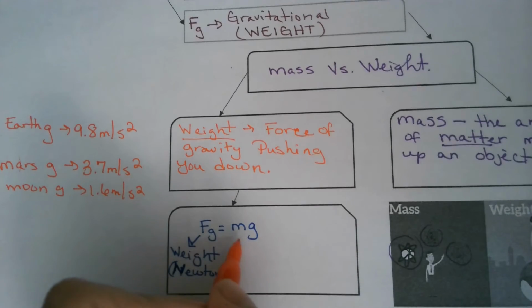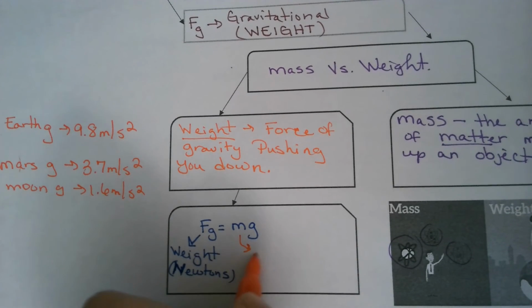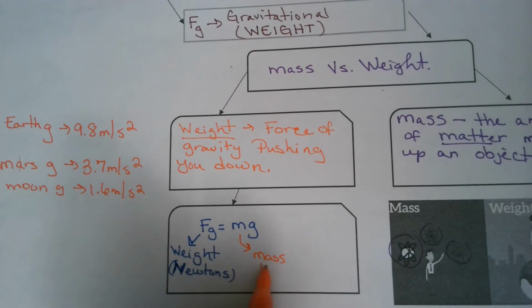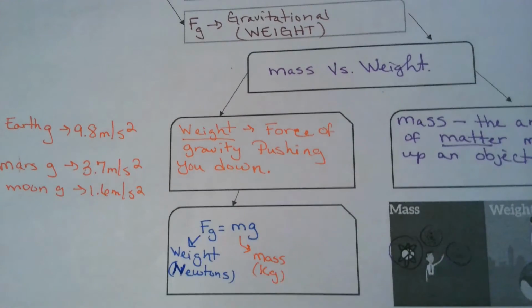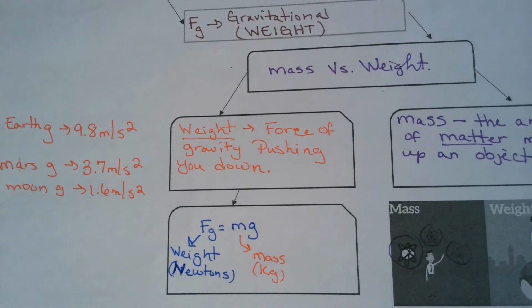M is still the mass. Mass is always in kilograms. And g is the gravitational acceleration of the planet.